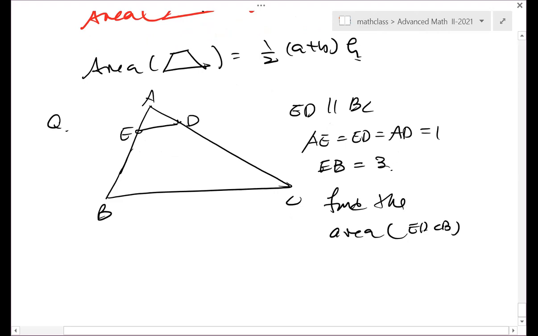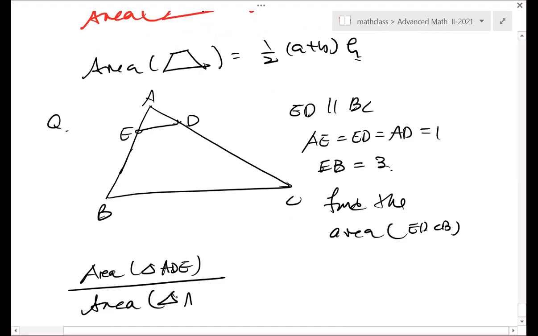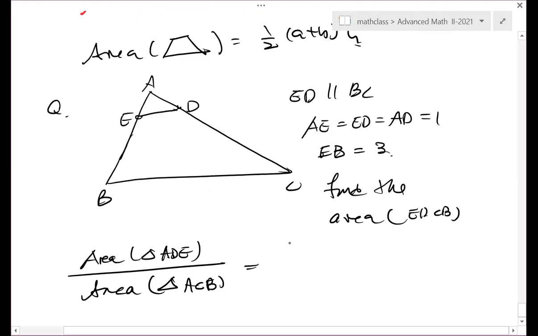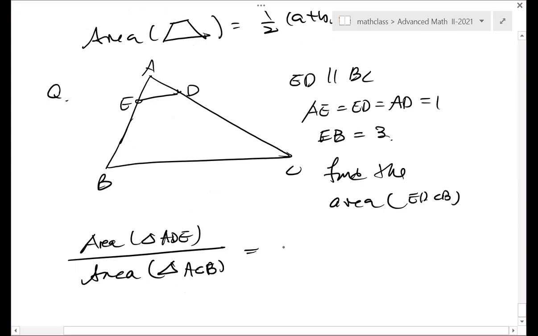Those two triangles are similar, so the area of triangle ADE over the area of triangle ACB is going to be, that's a tough problem, right?